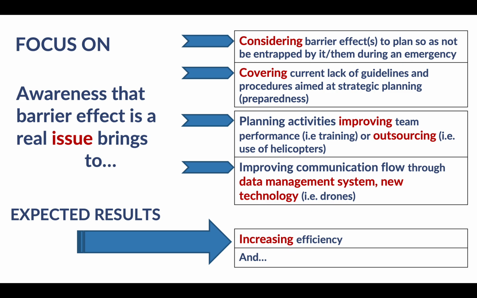Awareness that the barrier effect is a real issue leads to considering barrier effects in planning so as not to be interrupted by them during an emergency, covering the current lack of guidelines and procedures aimed at strategic planning activities, improving team performance or outsourcing, improving communication flow, a truthful data management system, and new technologies.